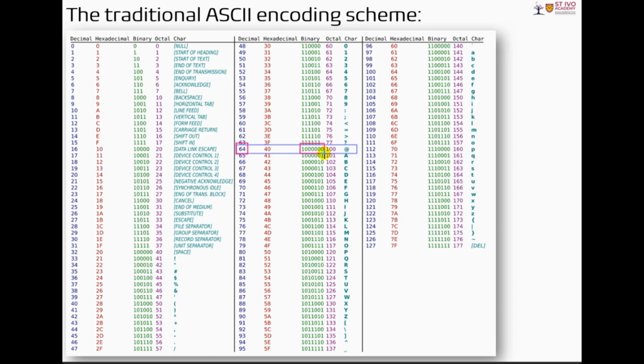If we were doing maths with 64 and we were adding 64 to 1, then your computer would be adding 1 to the binary digit 1 followed by 6 zeros. But we've also said, by virtue of our encoding scheme here, that 64 is the decimal coding value for the @ character.